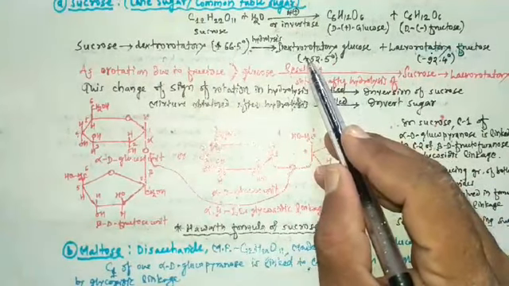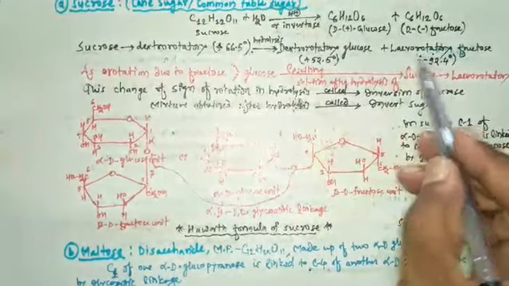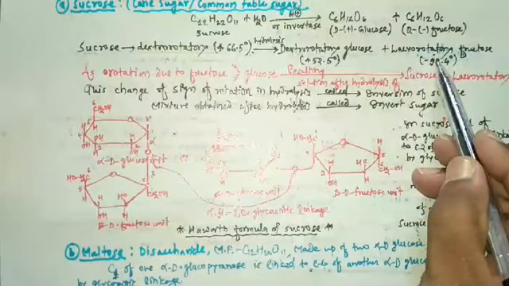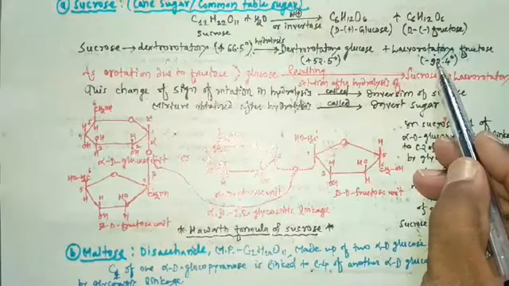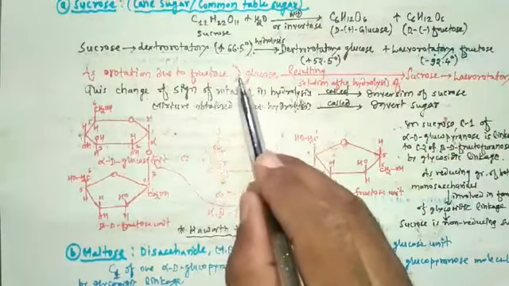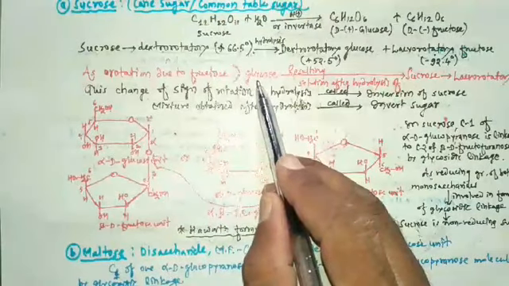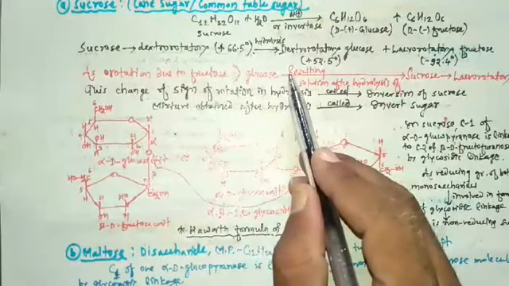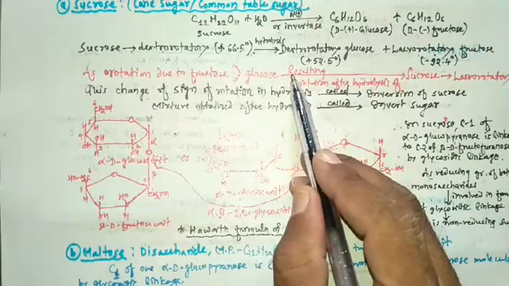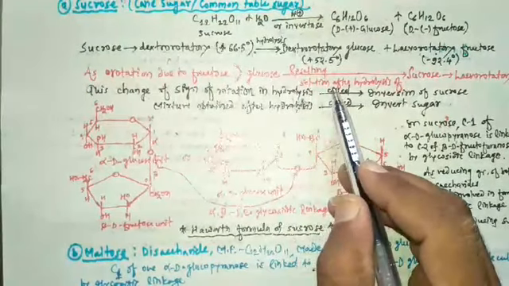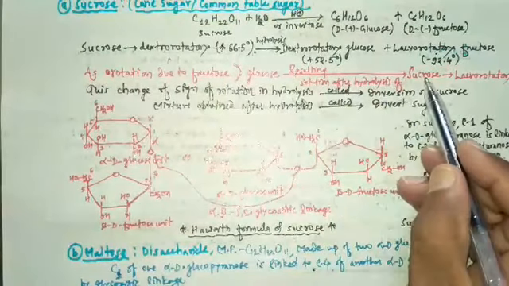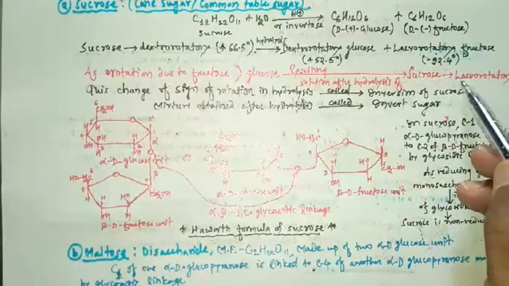Don't consider the positive and negative sign here, only the magnitude. So the rotation due to fructose is greater than glucose. Therefore, the resulting solution after hydrolysis of sucrose is levorotatory.